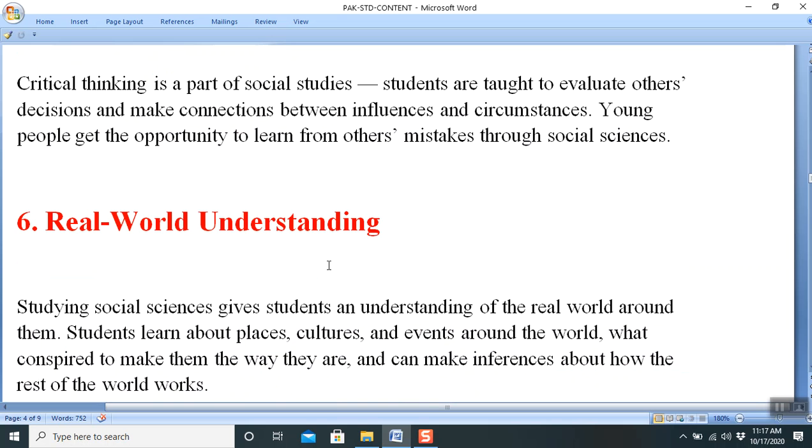Real world understanding. This point is very important. Don't be amazed at how much emphasis I have put in my voice. Real time understanding.